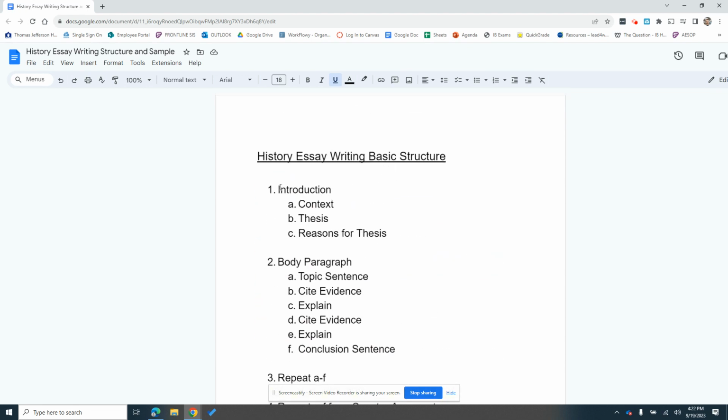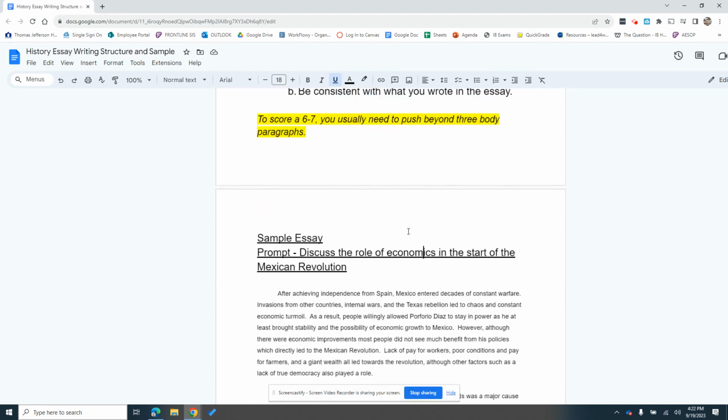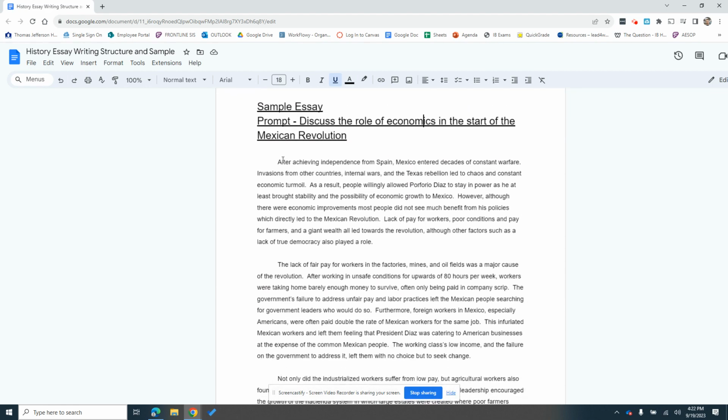So, first paragraph, introduction, context, thesis, reasons for the thesis. So let's see what we have in here. After achieving independence from Spain, Mexico entered decades of constant warfare. Invasions from other countries, internal wars, and the Texas Rebellion led to chaos and constant economic turmoil.